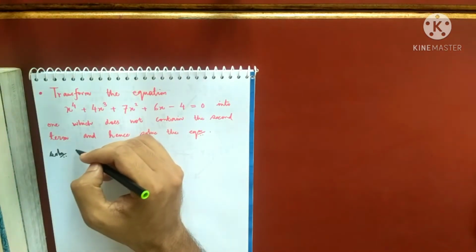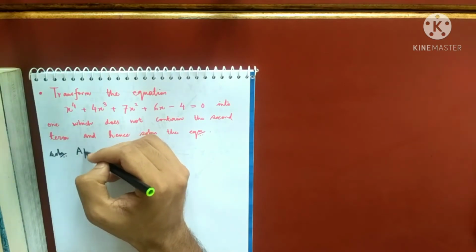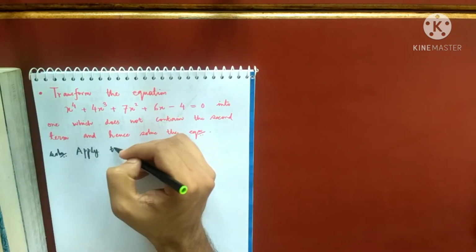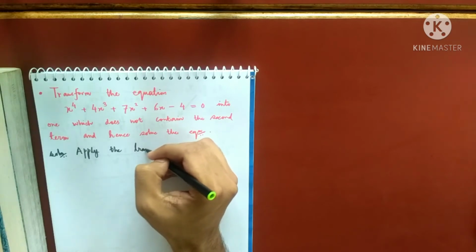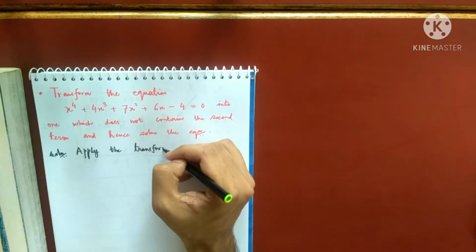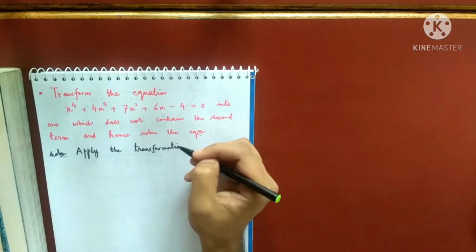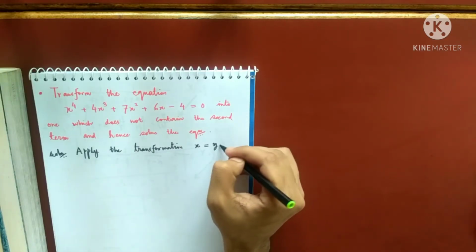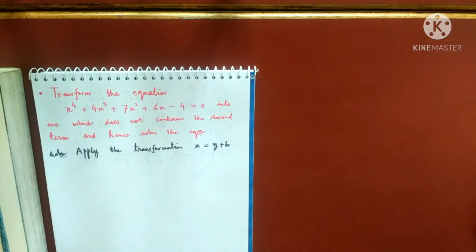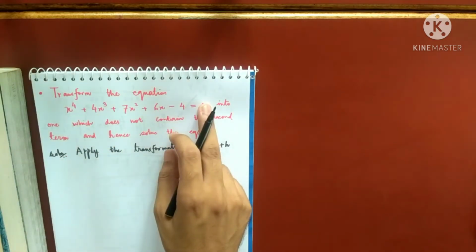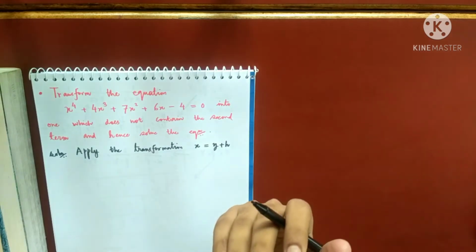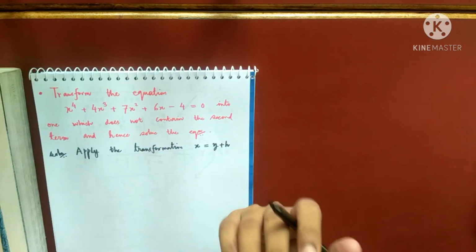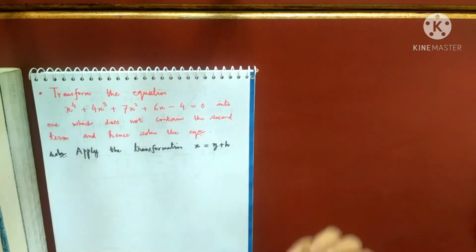Or you may write like this: apply the transformation x equals y plus h. That means you can assume y equals alpha minus h. If alpha is some root of this, you want to find a new equation whose roots are alpha minus h. Or instead of writing alpha, I'm writing x only, doesn't matter.